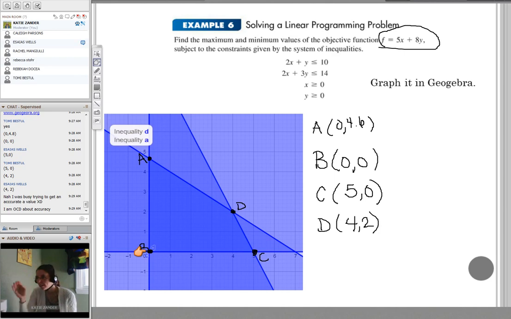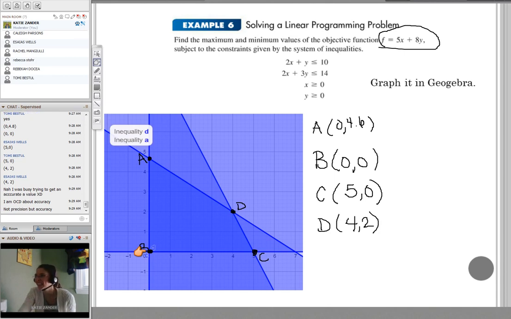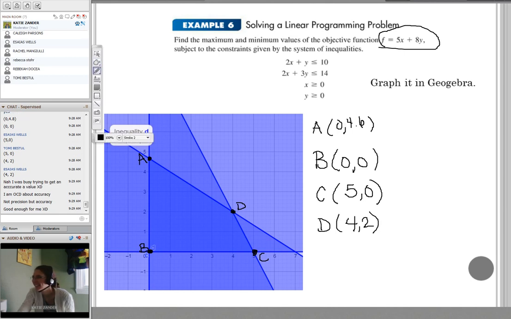Anything in the middle or in the shaded area is in between those values somewhere. Am I close with the 4.6? I just eyeballed that instead of using my intersection tool. Good enough. We'll roll with it then.